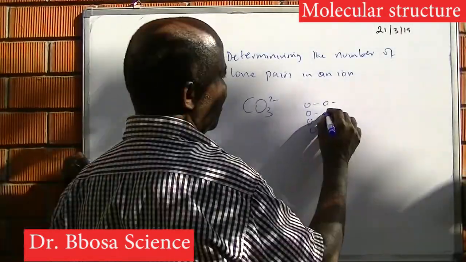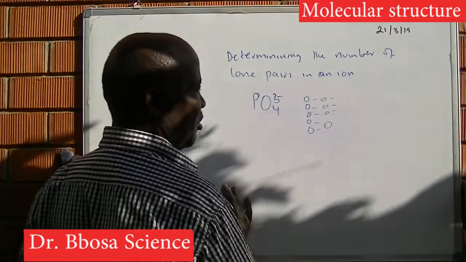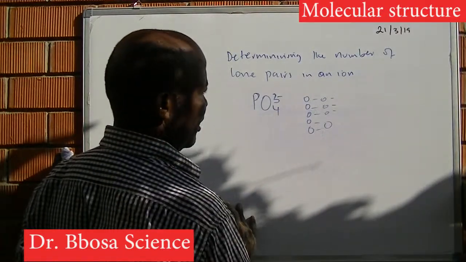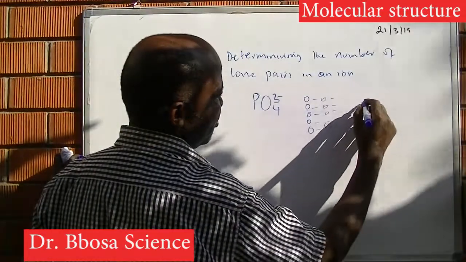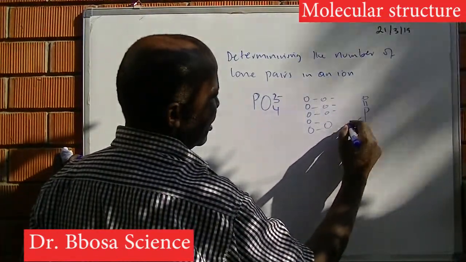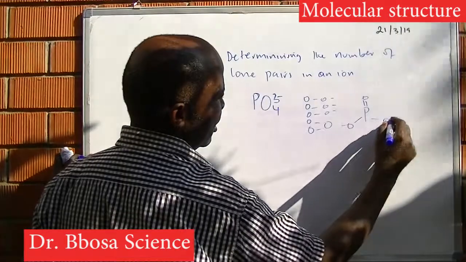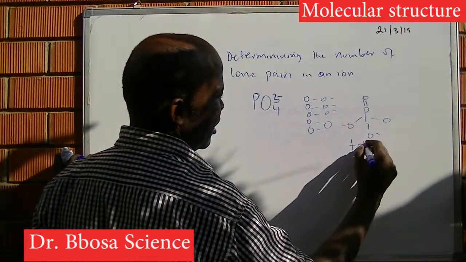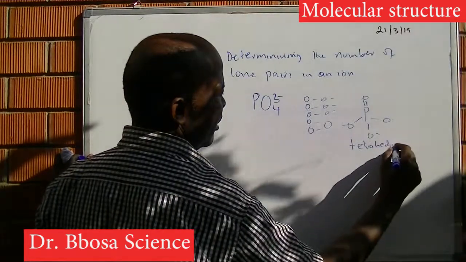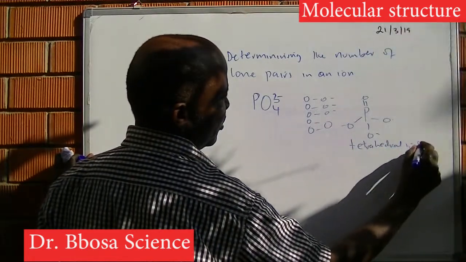Then the remaining 2 electrons will bond with 2 electrons. So this one has no lone pair of electrons, so the shape will be tetrahedral in shape.